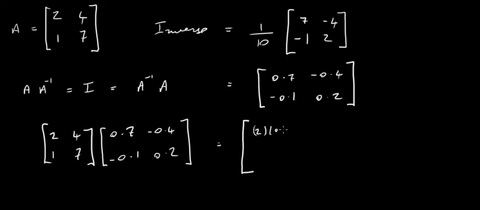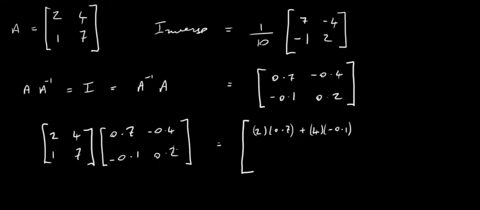And then I have to add 4 times minus 0.1. Whatever this is, this will be the first part, the top left part of my 2 by 2 matrix. So that's that bit there.